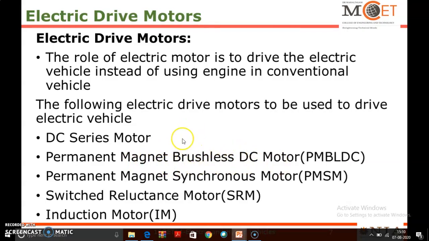These two motors, brushless DC motor and DC series motor, are used in low speed applications of electric vehicles, whereas the permanent magnet synchronous motor and the switched reluctance motor are used in high range or long range applications of electric vehicles like electric train, electric bus and so on.